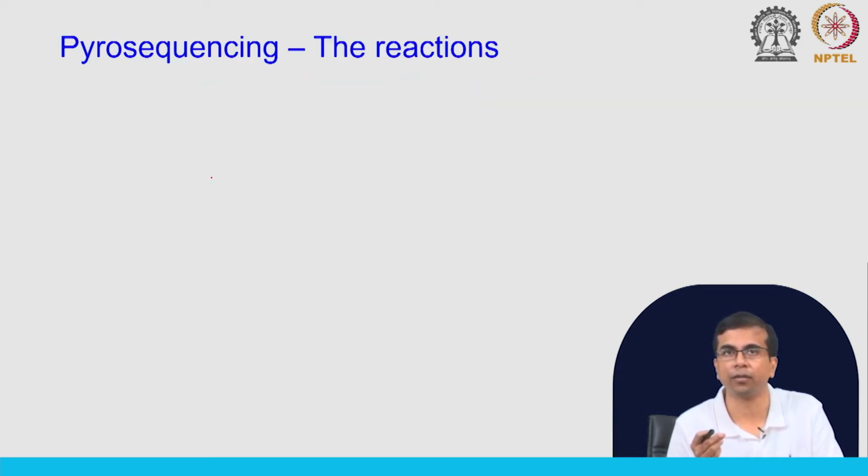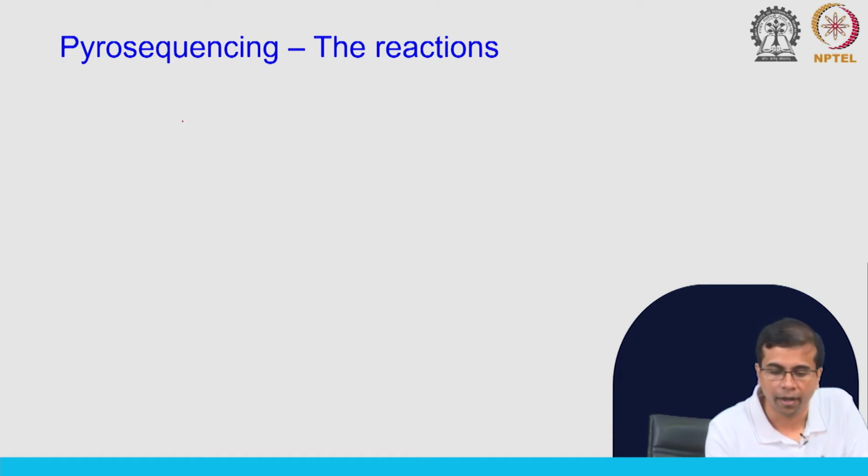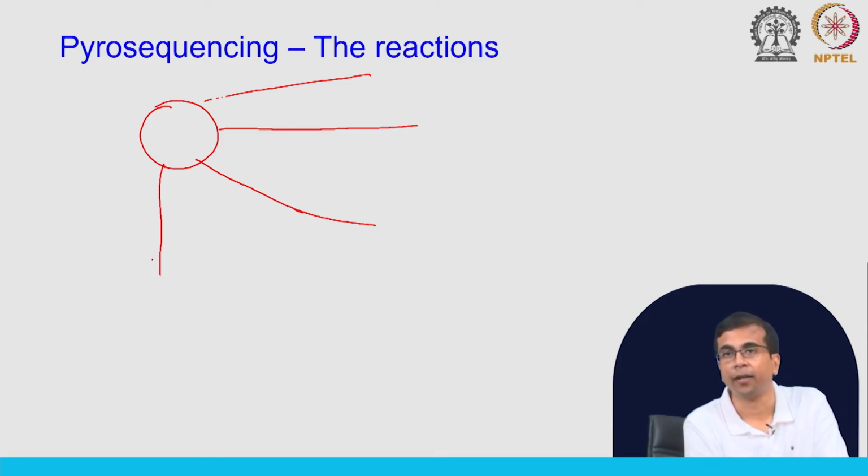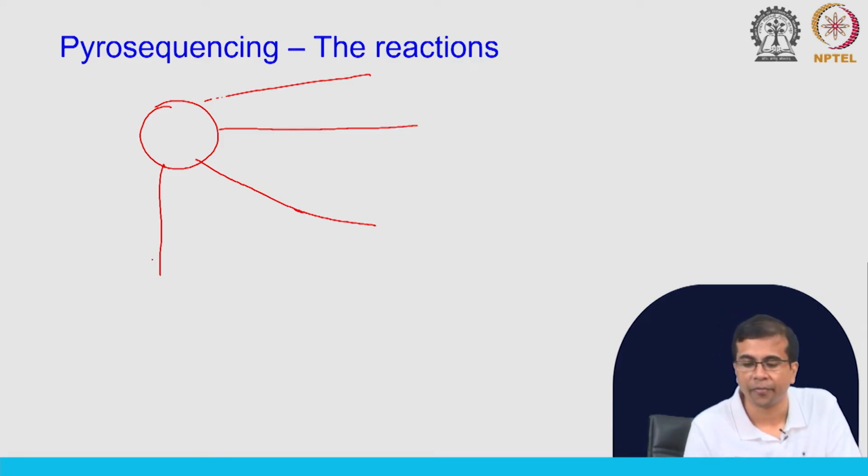So, what are the reactions that happen inside these wells? You have this bead with this molecule, after the emulsion PCR. So, you have generated multiple copies of the same molecule, and we have these adapters here also.